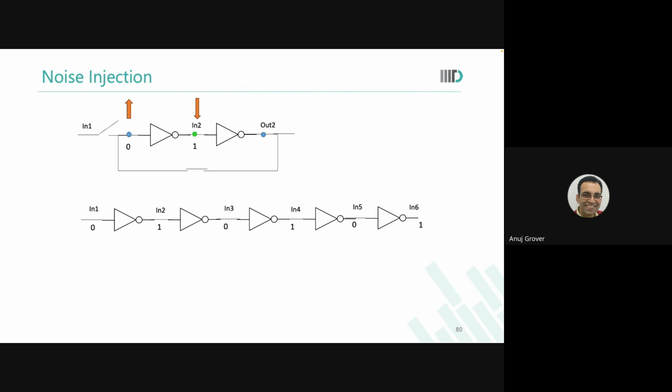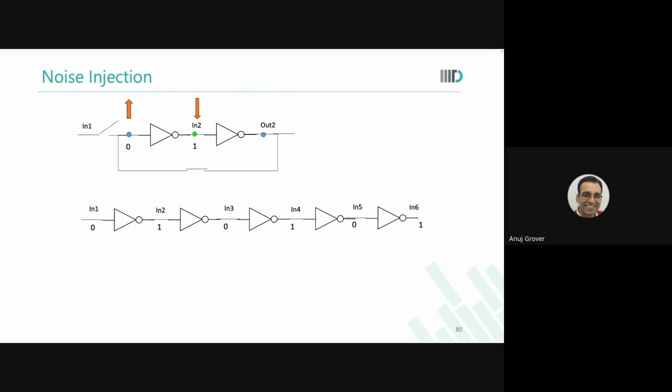However, if in the beginning I had a 0, but when noise was injected everywhere, at the end it became a 1, it means that in this loop, after some time, 0 will flip into 1. Are you with me on this? Is this clear? Those of you who have watched the video, it might be clear to you. Those who have not, is this clear? Everyone, is this clear? I've just opened this loop into an infinite chain of inverters.